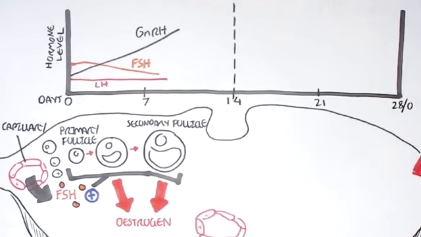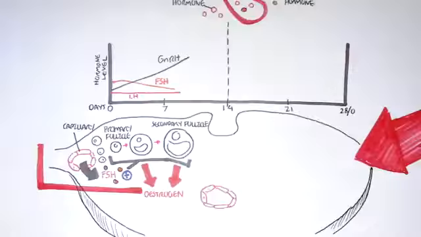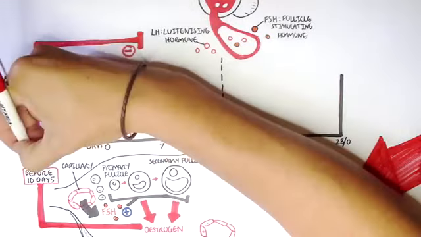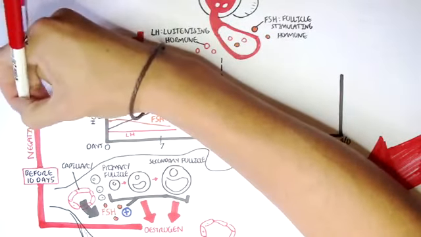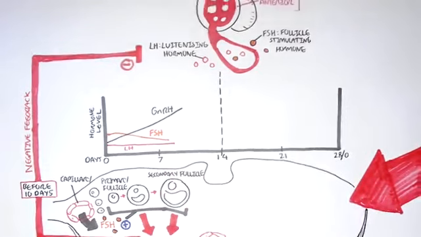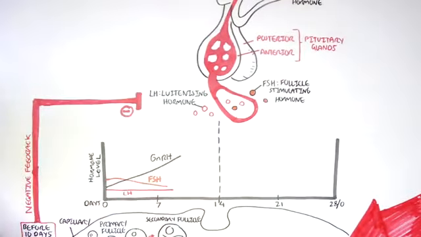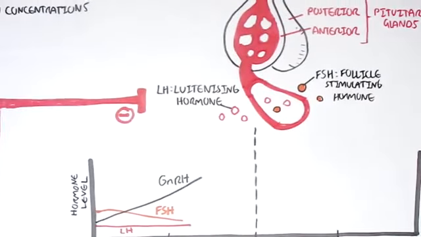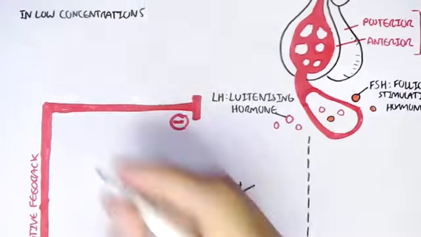Now, estrogen has many effects. In the first 10 days of the menstrual cycle, so in the beginning, estrogen has a negative feedback on the pituitary gland, inhibiting the release of luteinizing hormone. To put it simply, at low concentrations, estrogen inhibits luteinizing hormone secretion from the anterior pituitary.